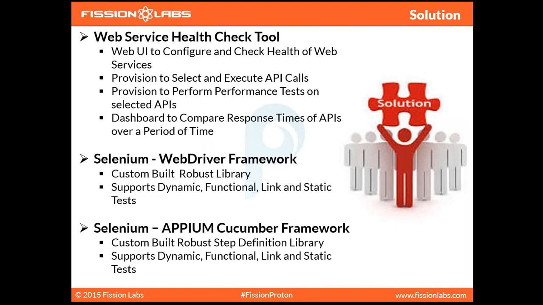I would say in the case of the Selenium and Selenium BDD Cucumber framework, it will reduce by at least 50%. So we have built such robust libraries which will cater to the QA engineers to come up with automated scripts for any kind of functionality with a reduced time of 40%.